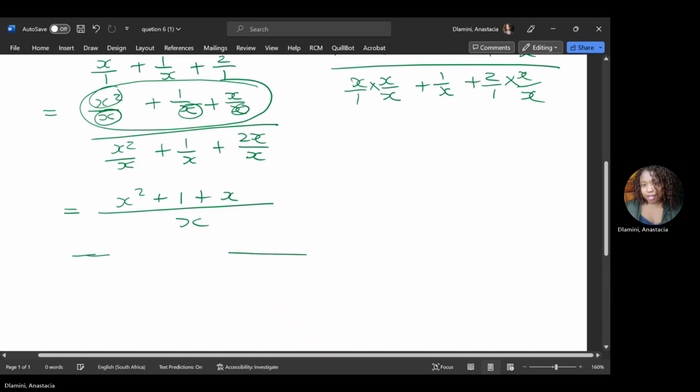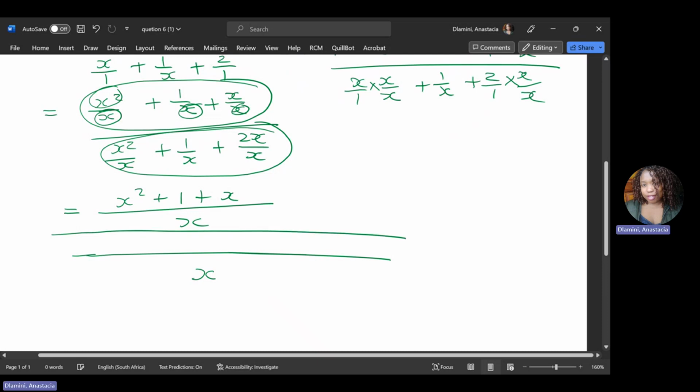Over, now we add all these terms in the denominator, which is also X. So that will be X squared plus 1 plus 2X.